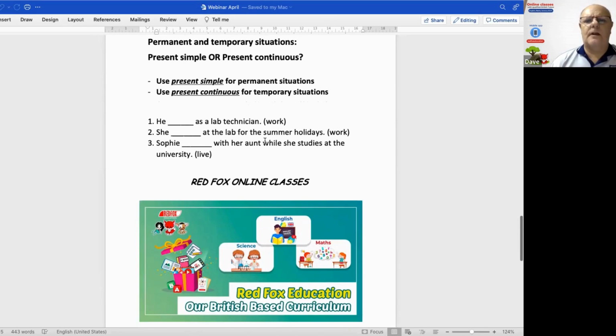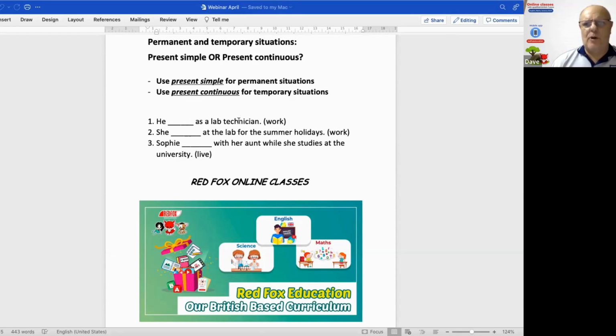So we need to fit the verbs in the examples, and we're looking at the verb in the brackets at the end. So what would we put here? Do you want to try and write that in for me in either present simple or present continuous using work? Try and volunteer an answer for me there. How would we write the verb here?